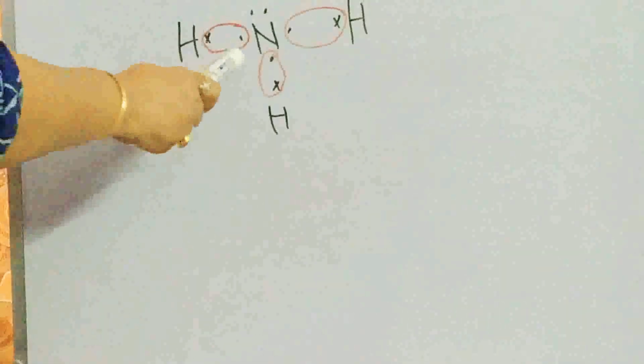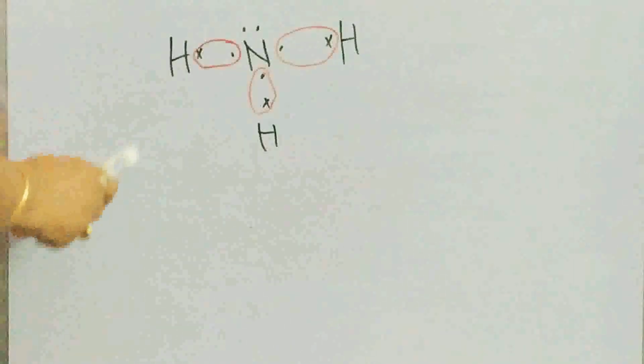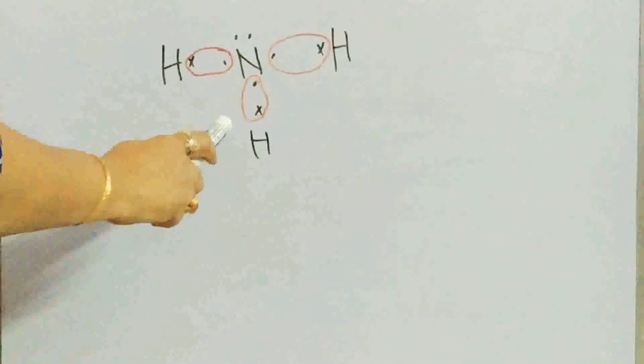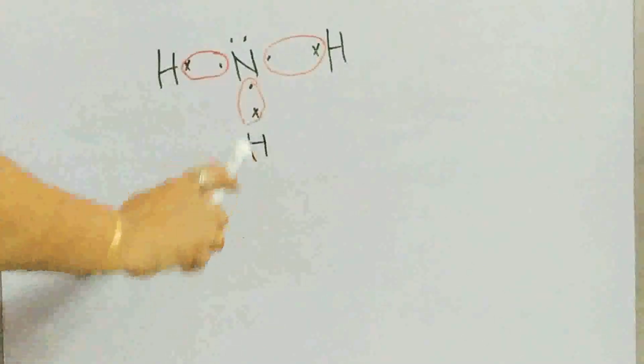Each hydrogen atom attains duplet configuration like that of helium and gets stable, and nitrogen attains octet configuration: 1, 2, 3, 4, 5, 6, 7 and 8.